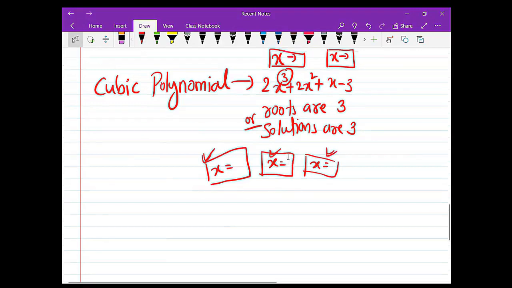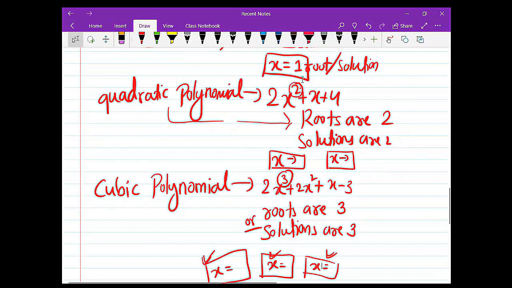Okay, and in quadratic polynomial, maximum two values are there for the x, or maximum two roots are there. Okay, not more than 2. It may be only single value. It may be one root, or it may have two roots, but not more than 2.